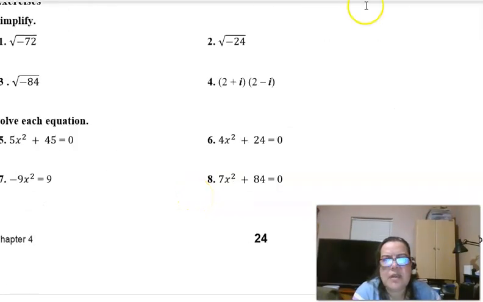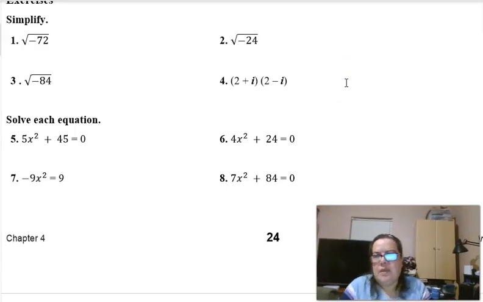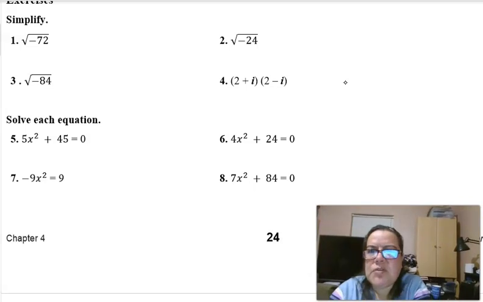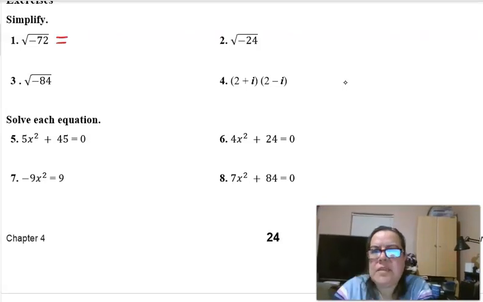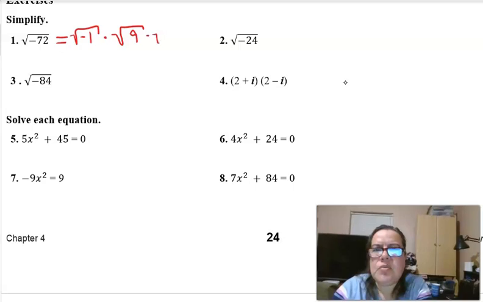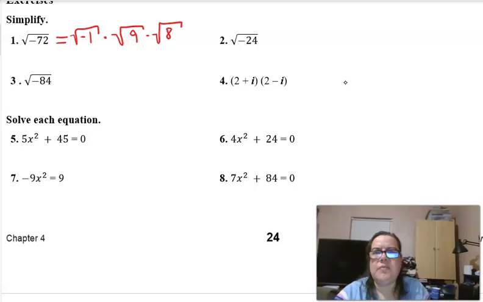Let's just look at an example. Let me work one of these out for you. Let's look at the square root of 72. If you want to break it up into pieces that you can do, that's perfectly okay. That's what I usually do. I know this is really like saying the square root of -1 times the square root of 9 times the square root of 8, since 9 times 8 is 72.